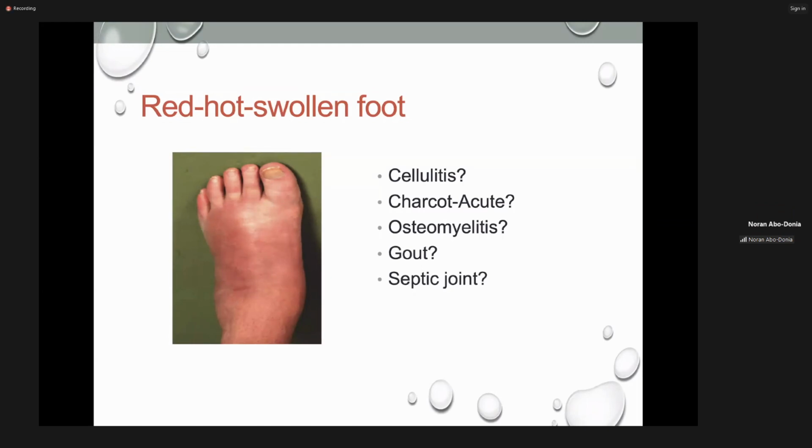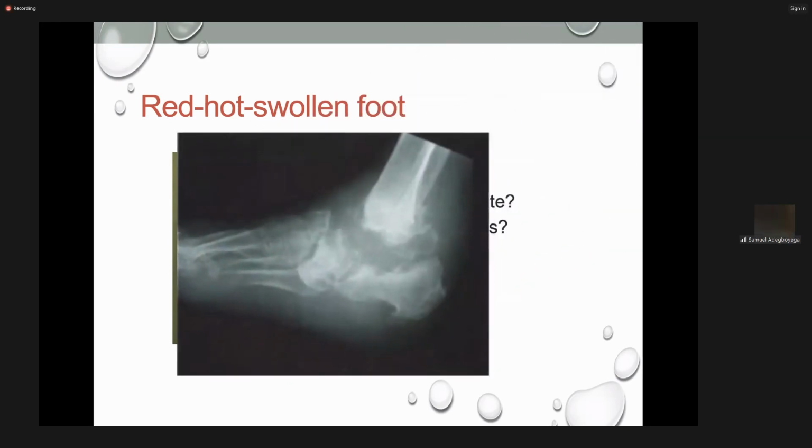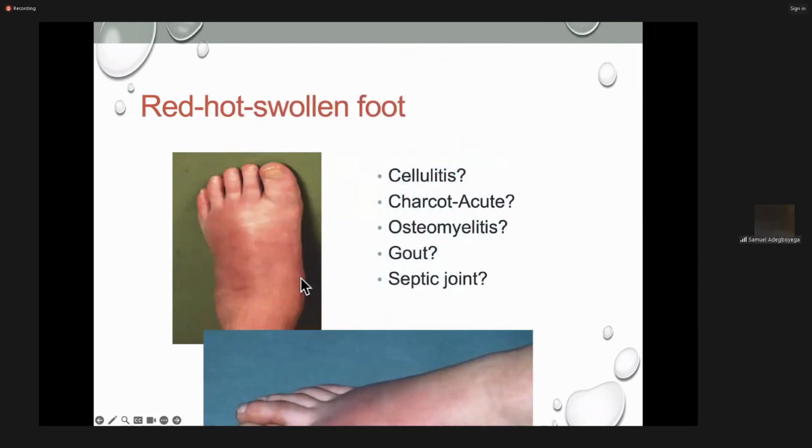Cellulitis. I elevate this foot, it goes away. I put it down, the redness comes back. Patient is severely neuropathic. Acute Charcot. I have a patient that has a red hot swollen foot. He's got fever. The white count is 80,000. Could be OM or septic joint. So smart. I'll leave you alone. Okay, excellent. Good job.